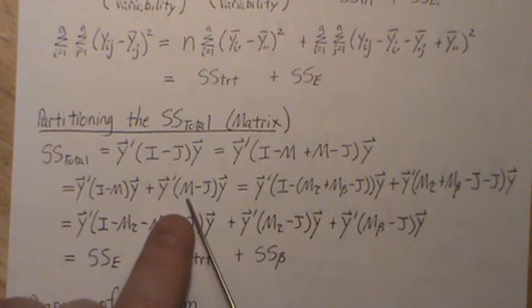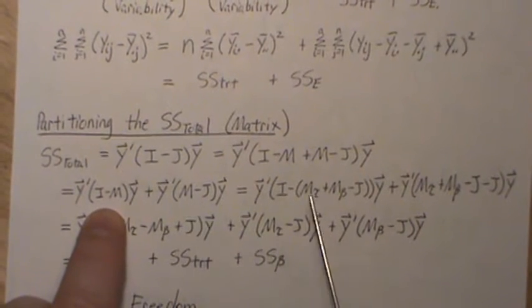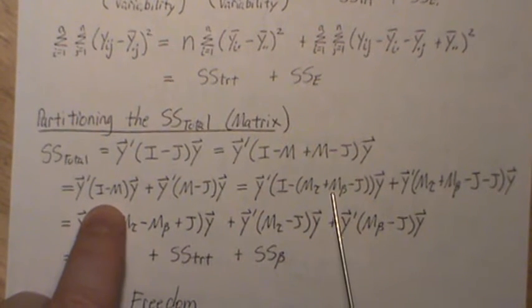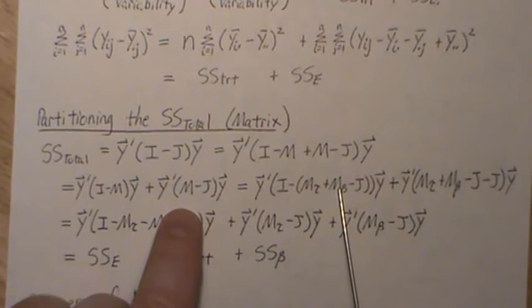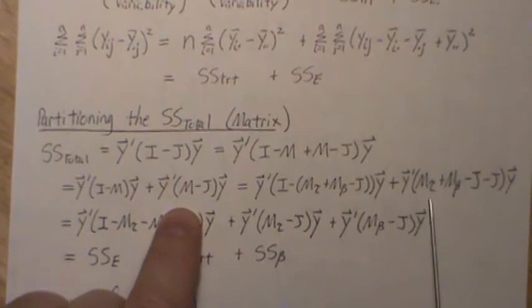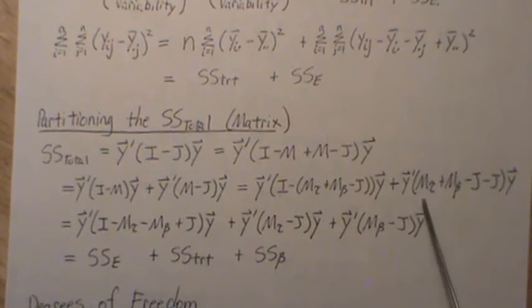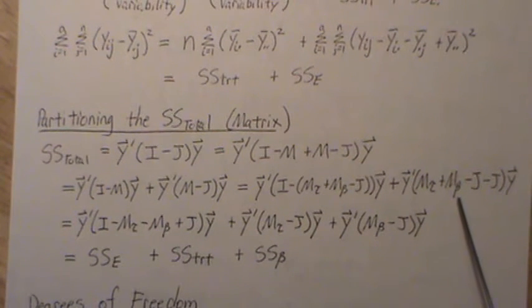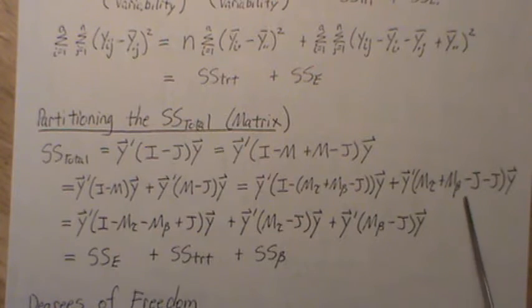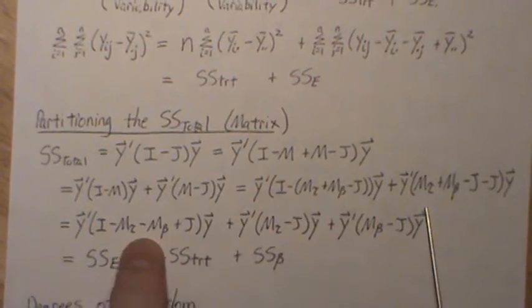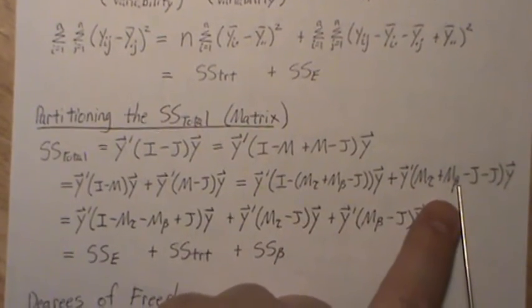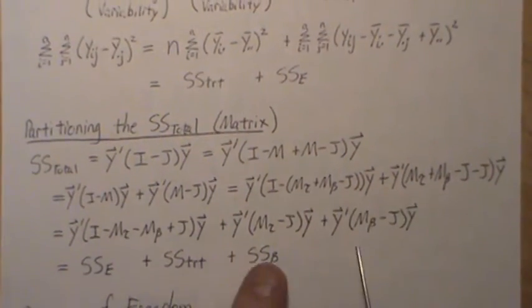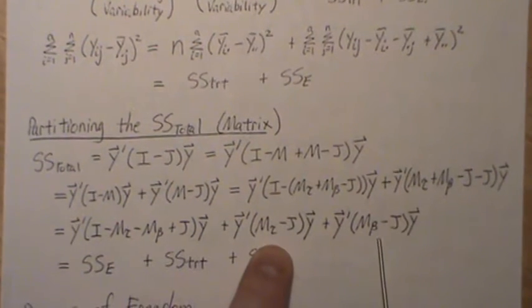Okay, so if we rewrite what M is, in this case we rewrite it, but we don't have to. But to make it look like the first page, we do. On a previous page we showed that M has the form M tau plus M beta minus J. So this piece just comes down, and here we put a minus J with this and a minus J with that, and then when you multiply those y's in, we get this.